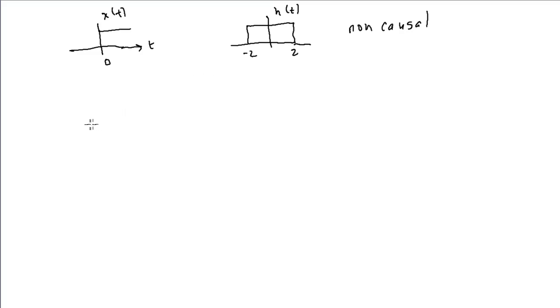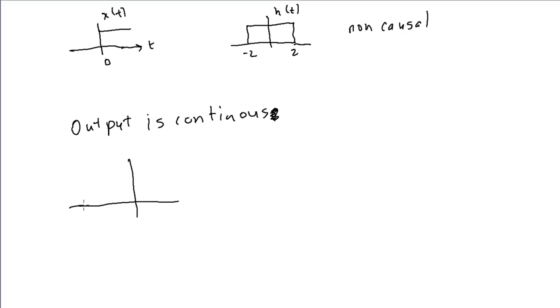I guess the final thing to note is that the output is continuous. By that I mean the output between these different segments: notice that for t less than -2, the output was 0.